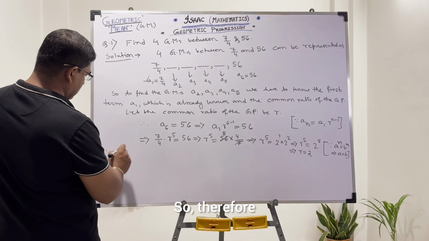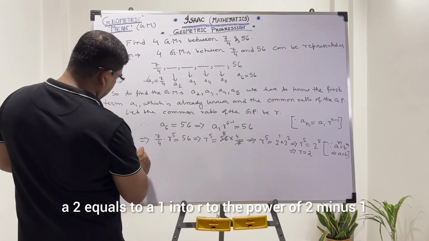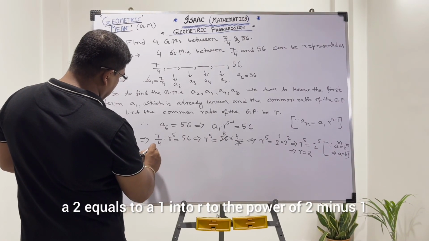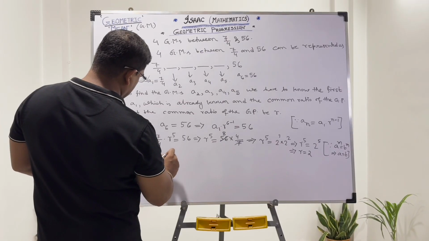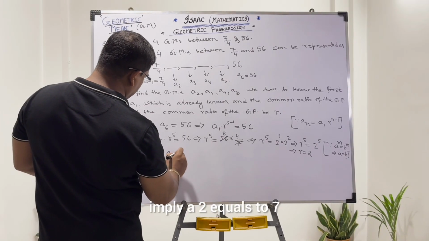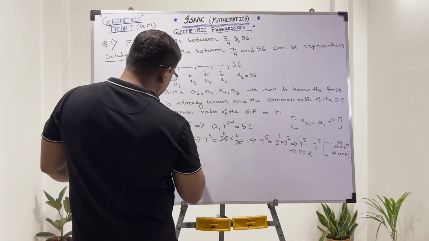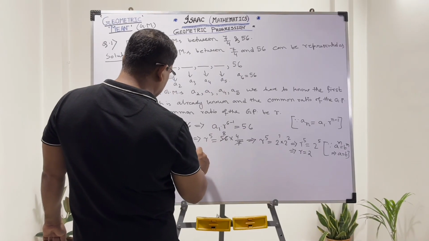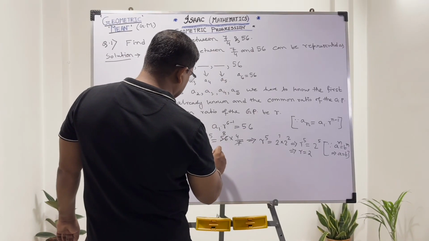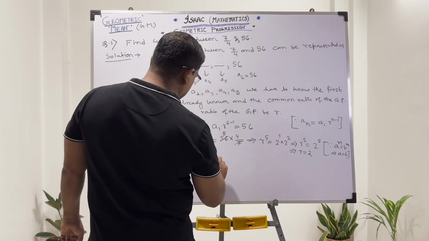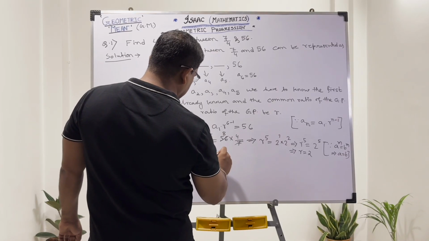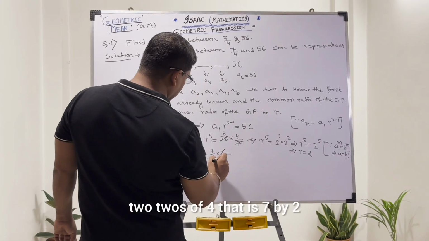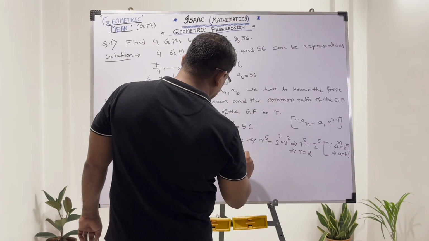So therefore A2 equals to A1 into R to the power of 2 minus 1 implies A2 equals to 7 by 4 into 2 to the power 1, that is 7 by 4 into 2, 2 2s are 4, that is 7 by 2.